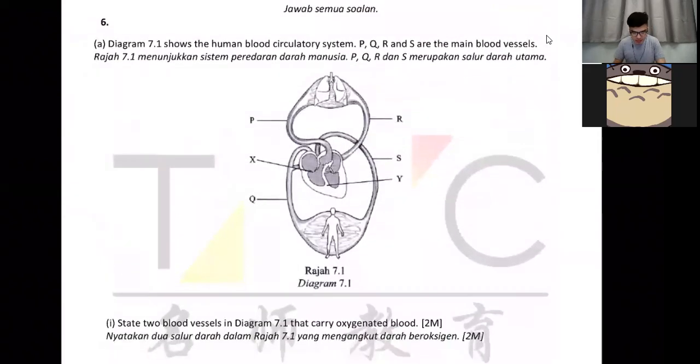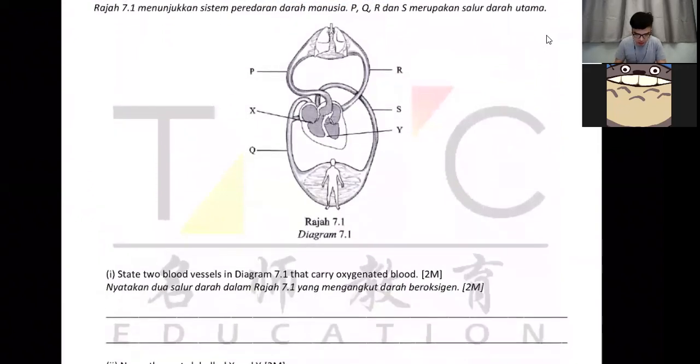So next, number 6. So this is a human blood circulatory system, peredaran darah. PQRS are the main blood vessels. So let me color this first. Let me make it clear. All the left side will carry oxygenated blood. Okay, I'll color this for you. And all the right side will carry deoxygenated blood.